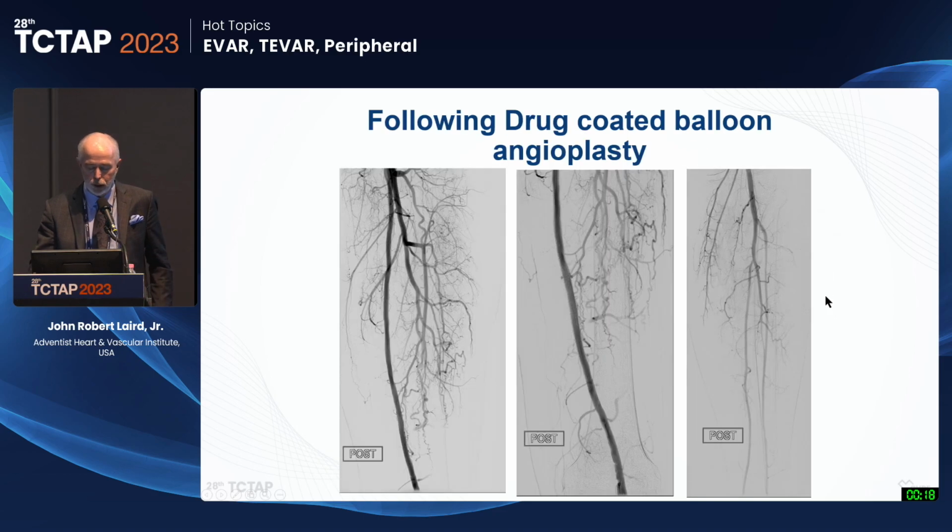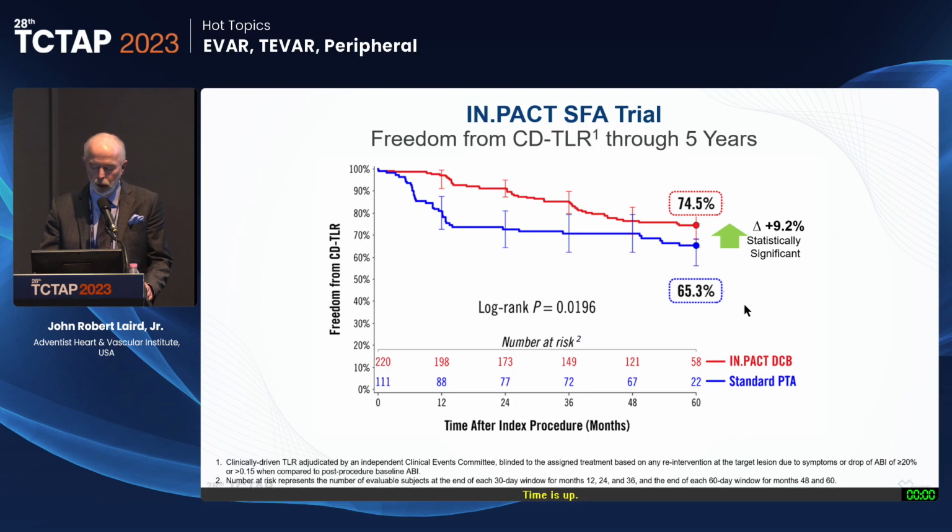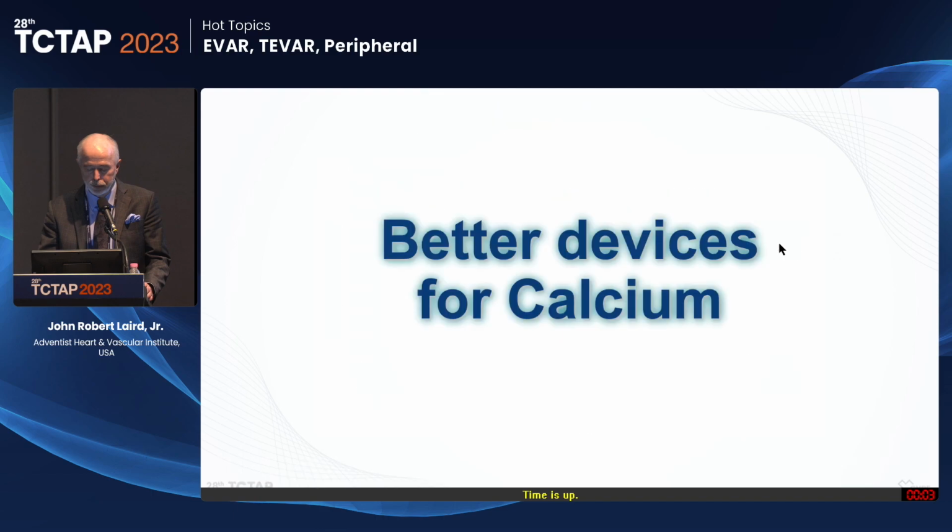We can see really outstanding results, even in complex morphologies in the SFA and popliteal arteries. And we now have data out to 5 years from the randomized trial, as well as the global registry, showing sustained benefit with this IMPACT Admiral drug-coated balloon for complex lesions in the superficial femoral artery.